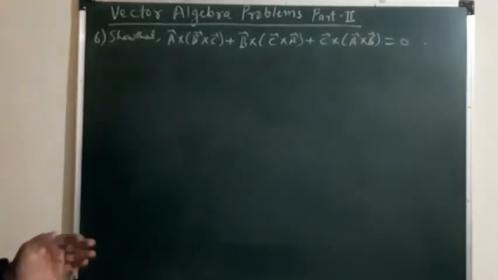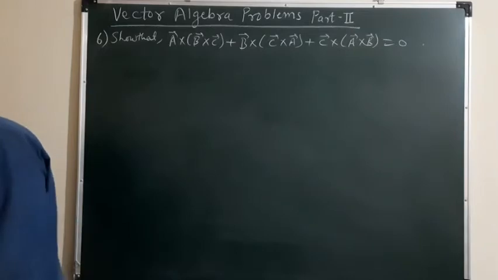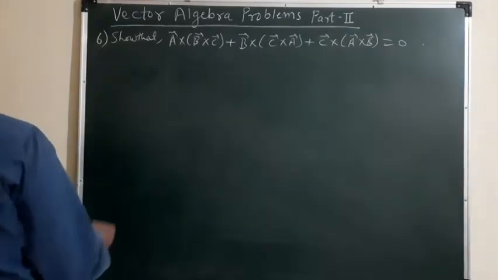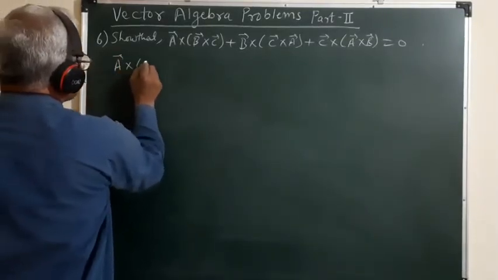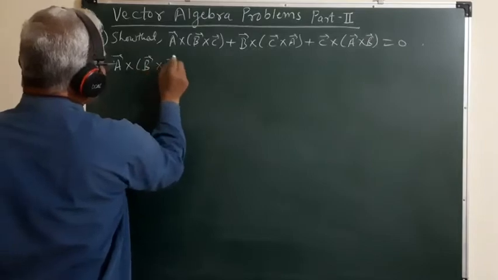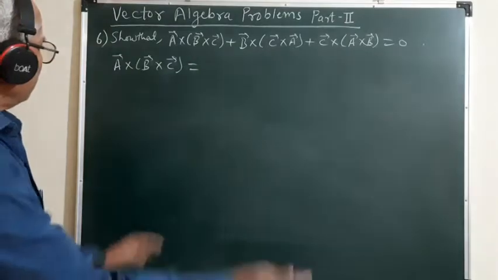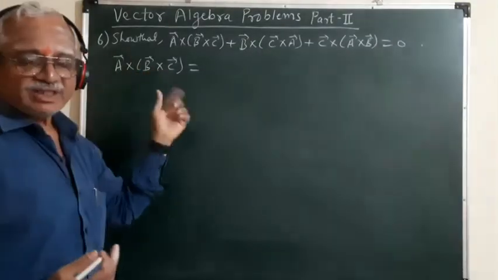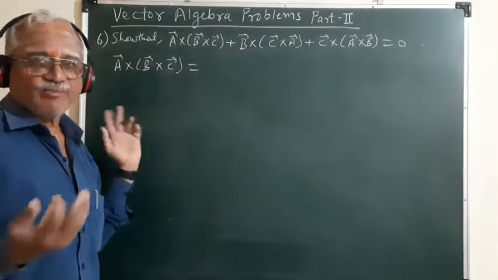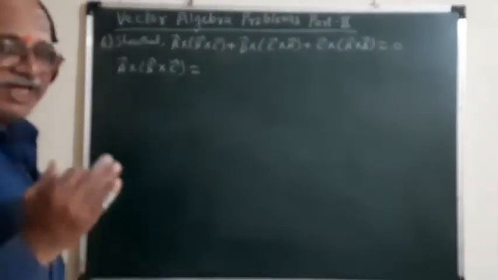So to prove this, let us consider the expression for a bar cross b bar cross c bar. We have seen the back-cab rule. While expressing the cross product of these three vectors in terms of the components of these three vectors, it works out to be the back-cab rule.